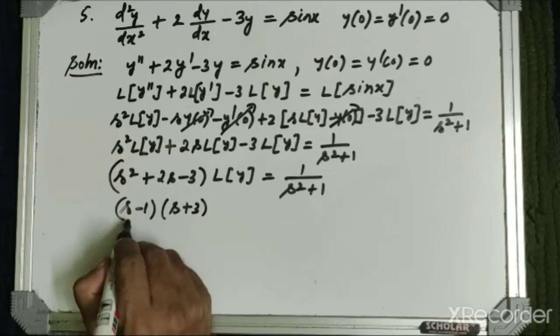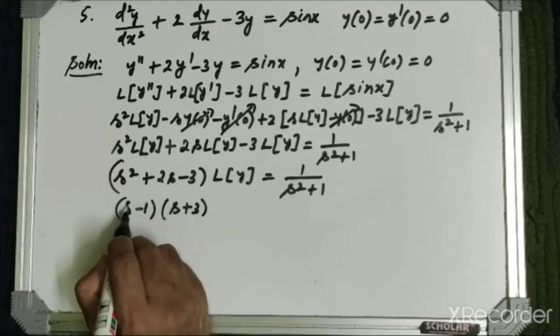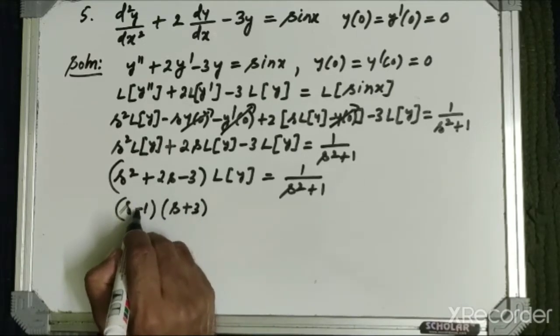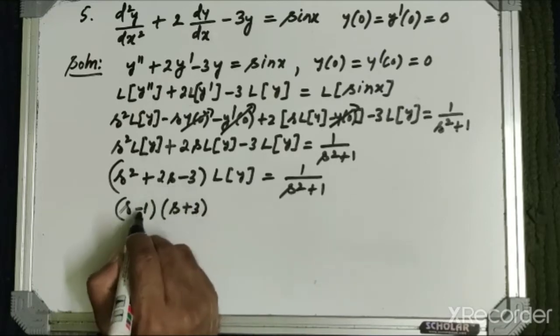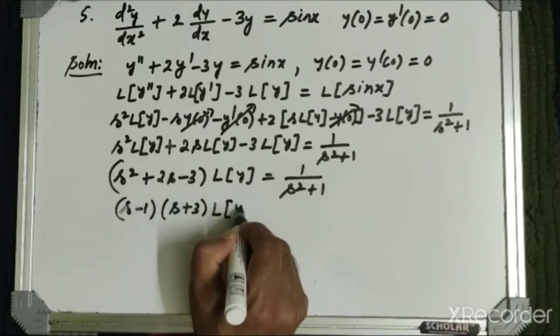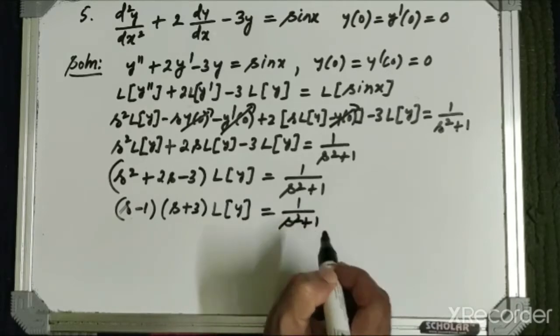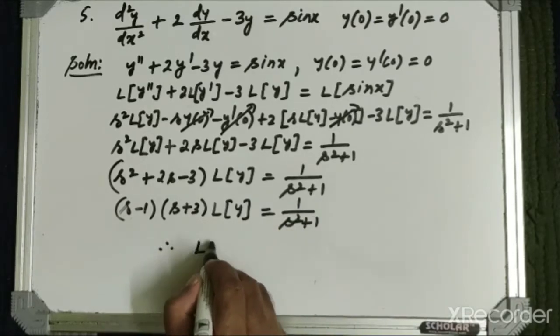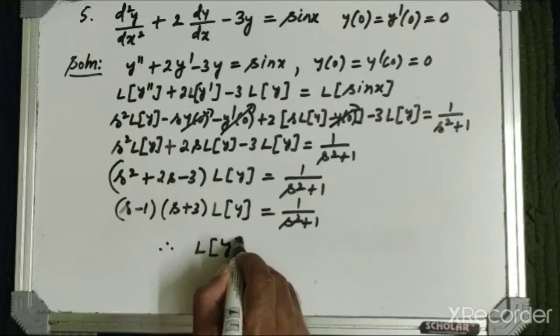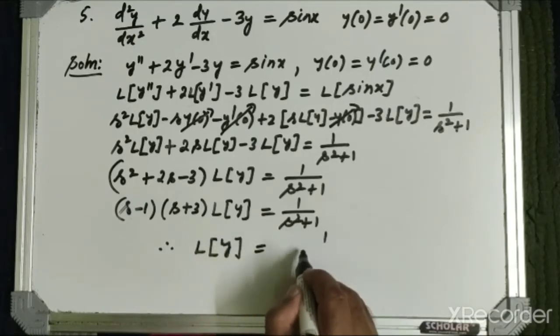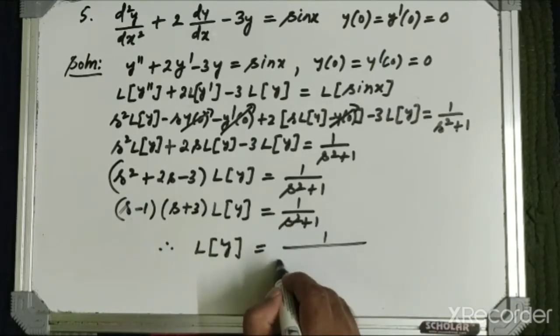Check: s into s is s square, 3s minus s is 2s, and minus 1 into 3 is minus 3. So L of y is equal to 1 divided by s square plus 1.